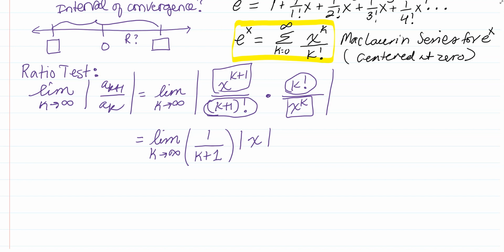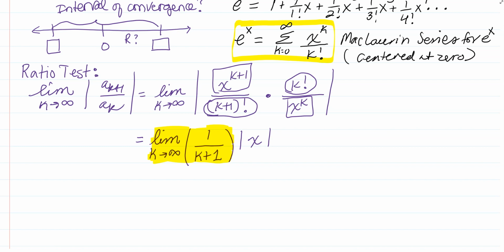Okay, so to think about this, when taking the limit with k going to infinity, we're only looking at this part right here, right? Because the absolute value of x is not being affected when k goes to infinity.